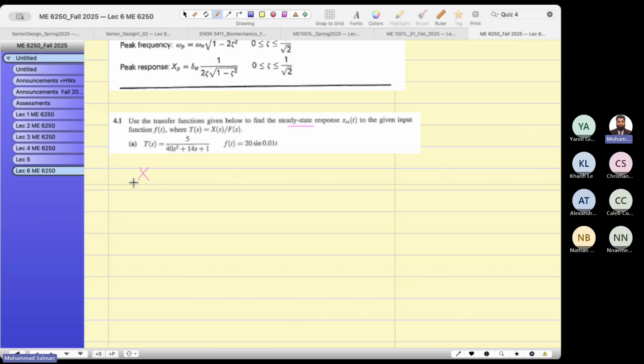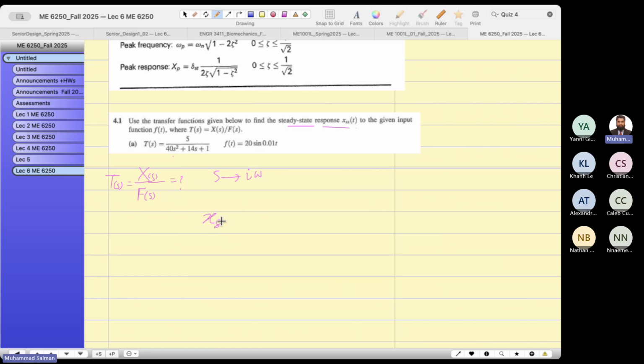The transfer function is the output over input, also known as the transfer function estimate. So replace S by i omega. Let me write down the magnitude. So they are asking you to use the transfer function to find the steady state response.